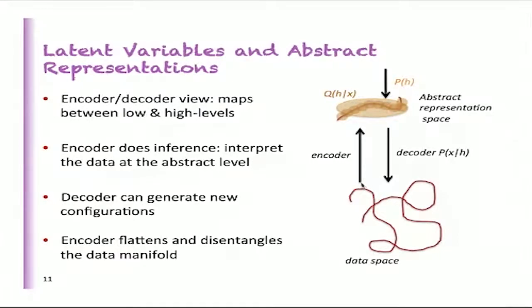So what the encoder should be doing really is taking this spaghetti and somehow nonlinearly transforming the space so that the spaghetti becomes flat. And if the spaghetti is flat, it becomes very, very easy to do things and to, for example, interpolate between points or to predict one thing given another thing, because everything becomes linear.